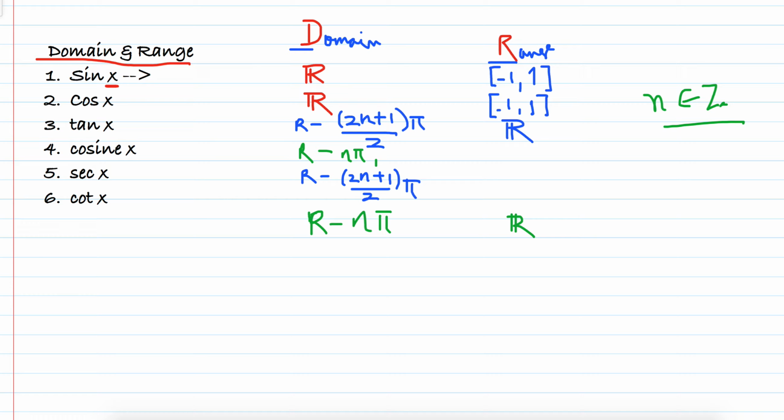Now for sec and cosec, the maximum value that sine can take is 1. So cosec can take value 1 when sine is 1, but when sine is between 0 and 1, if sine is close to positive 0, cosec will be close to positive infinity.